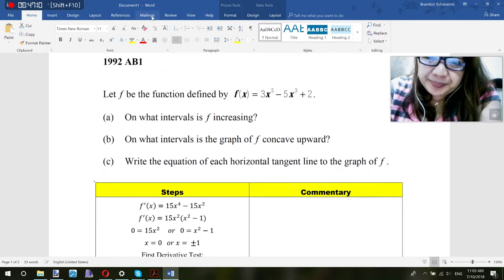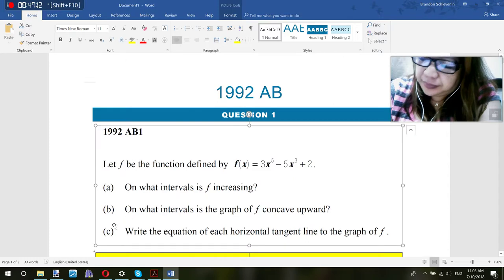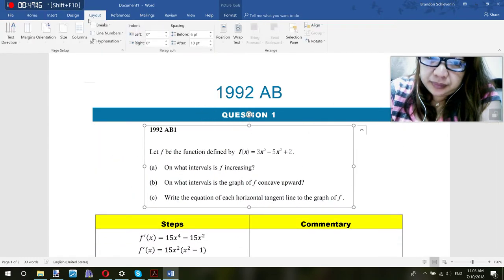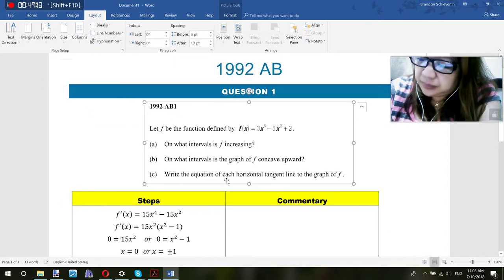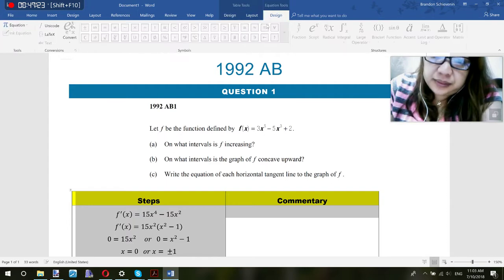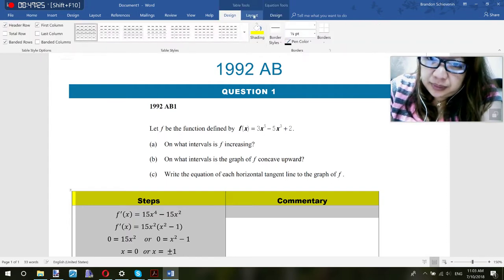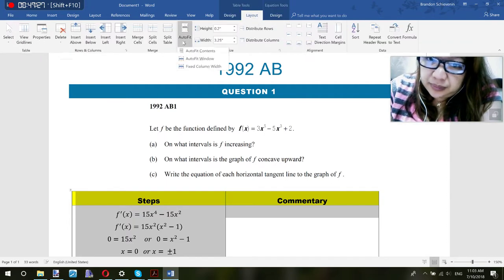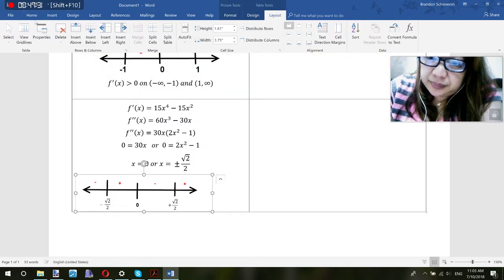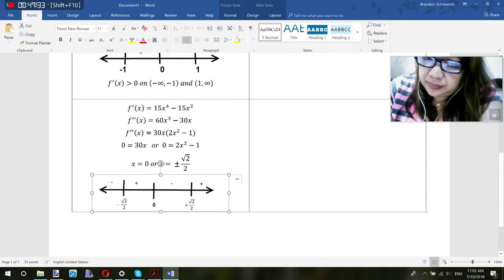So let me shrink this just a little bit and give us some room for the margins. There we go. Alright, so we did our second derivative test.